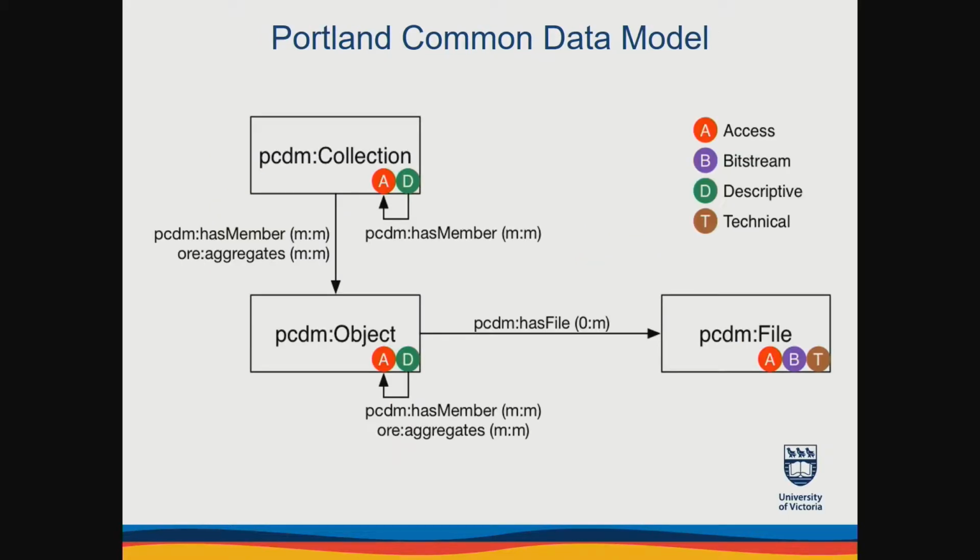It also introduces the Portland Common Data Model, which is important for describing complex objects, so the pages in a book, or a bunch of postcards in a box, or a collection of objects. And the linked open data architecture generally results, we hope it will result, I should say, in a data model that's really scalable and interoperable and web native, that really takes advantage of web protocols and web architecture.